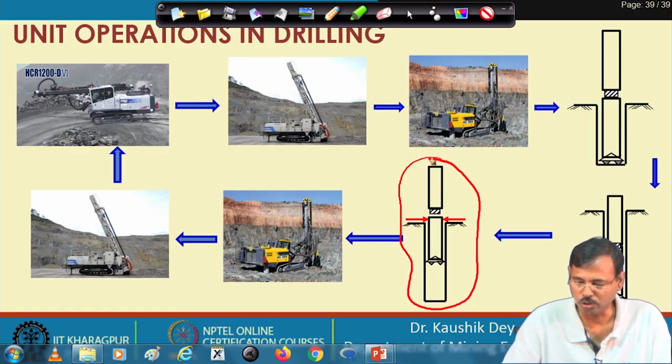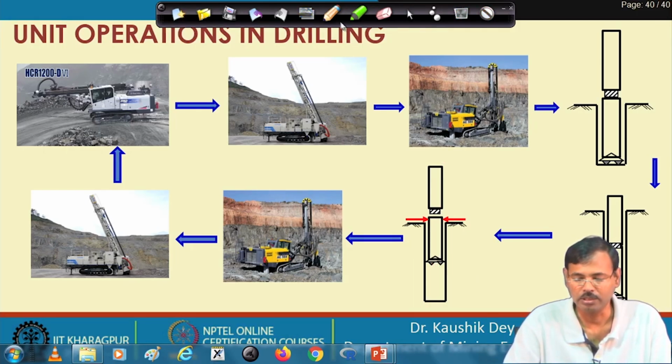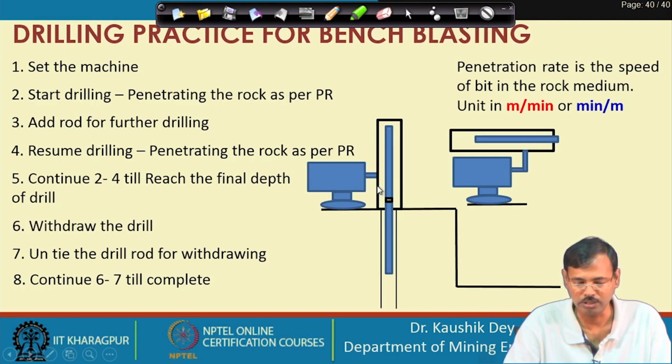I would like to draw your attention, this holding of this one nowadays with the modern equipment, automatic systems are available, machine is automatically having a pipe jack or you can say rod holder that will hold this one, otherwise it has to be carried out manually, and in that case any slipping of this one, suppose if it is lost at this position, it is very difficult to lift it out, because again this rod has to be sent, whether it will be aligned properly or it will tie with this properly or not, that is a very difficult condition and that must be avoided. That must be avoided in any such situation.